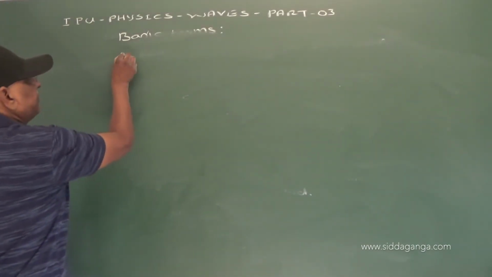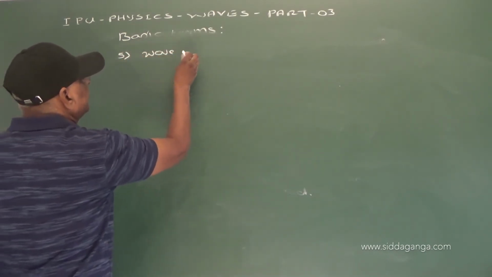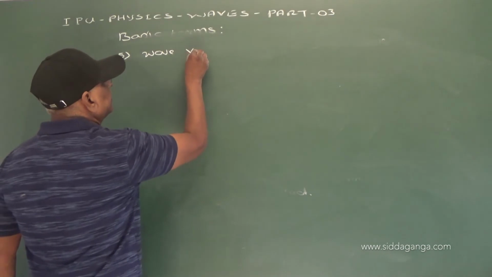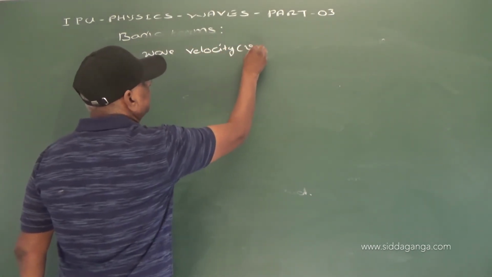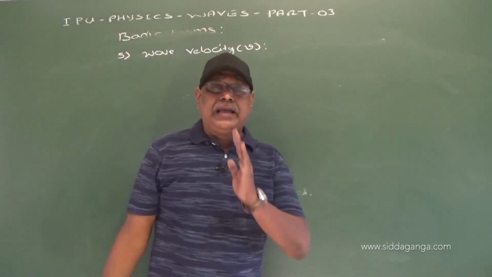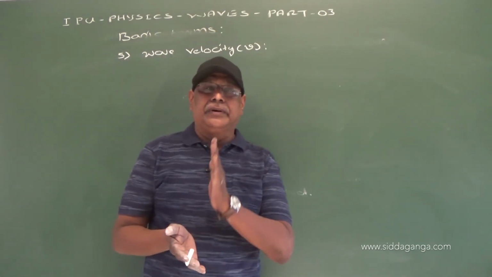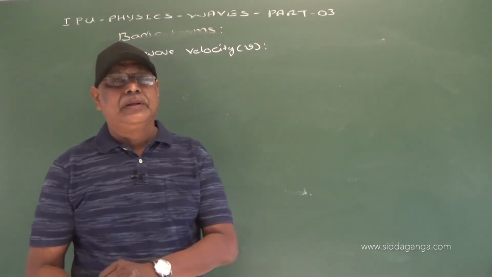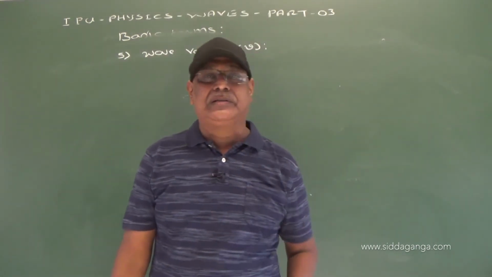Now, the fifth one is wave velocity, denoted by V. Again, I would like to remind you, wave motion is associated with two motions.